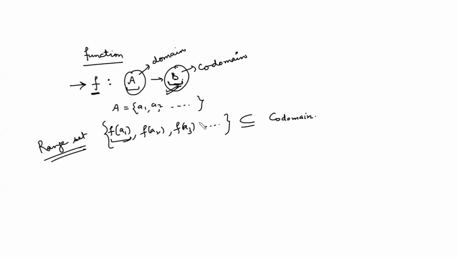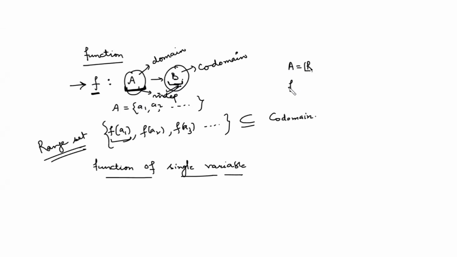Now, a function of single variable means what? The domain set has a single element, a single independent variable. Basically, if you are defining a mapping from one set to another set, the codomain depends on A after applying this mapping. Let's suppose I'm taking A to be the set of real numbers, and we apply the mapping from the set of real numbers to the set of real positive numbers, and we define the function as x square.